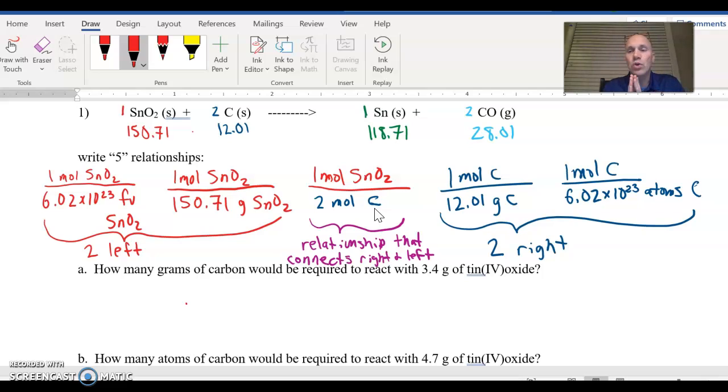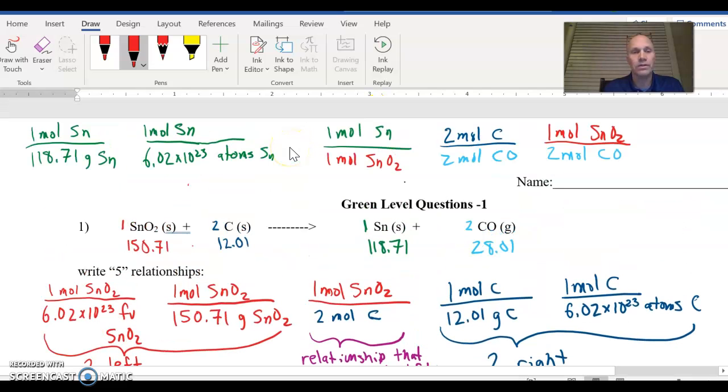These are some things that you could do, but we don't happen to need to do this for these problems that we're doing. Could I do 2 relationships for this particular chemical? Well, take a look up here. Anytime you have any chemical, even if it's not in a balanced reaction, you can say 1 mole of whatever that chemical is.